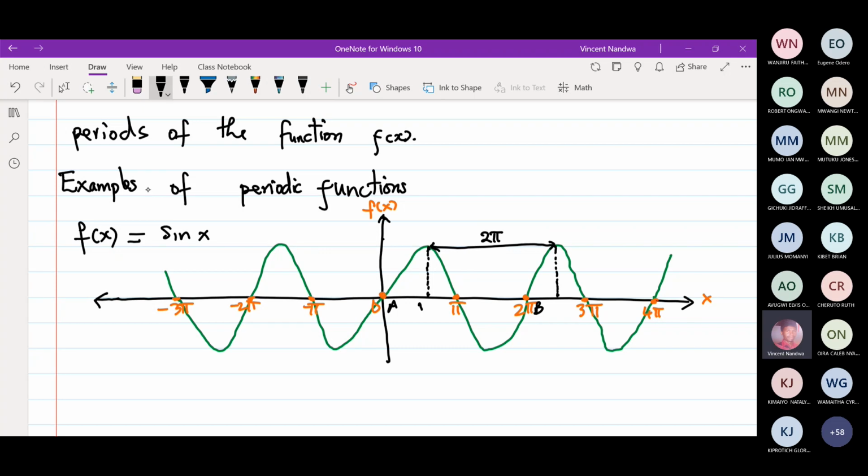So remember, this will be pi, this will be pi over 2, this will be 2.5 pi. So the period of a sine function is 2 pi. So sine x can be written as sine of x plus 2 pi.